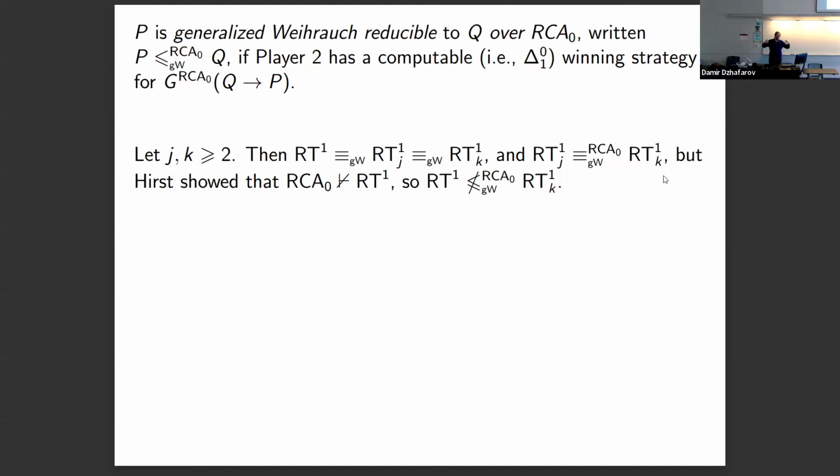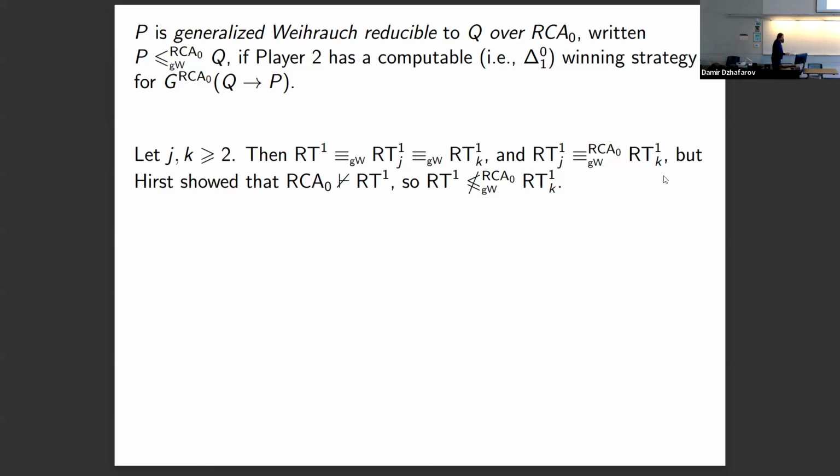If you want to do 4 colors from 2, you do it twice, essentially that same strategy will work. But Jeff Hirst has shown a while back that RCA naught does not prove RT1. In fact, RT1 is equivalent to a principle known as sigma 0 2 bounding, which is strictly between sigma 0 1 induction and sigma 0 2 induction. So it's not quite enough.